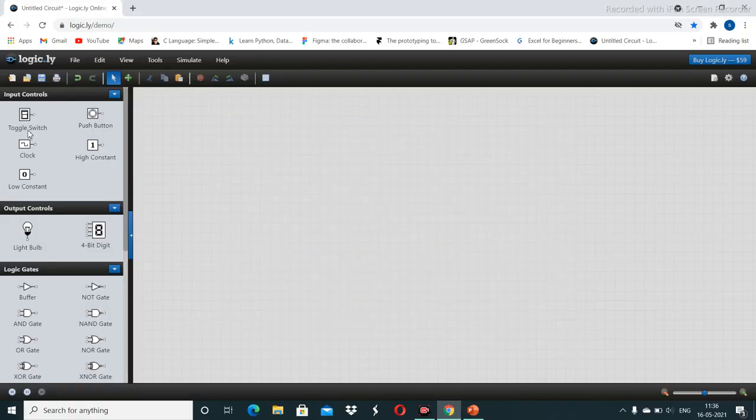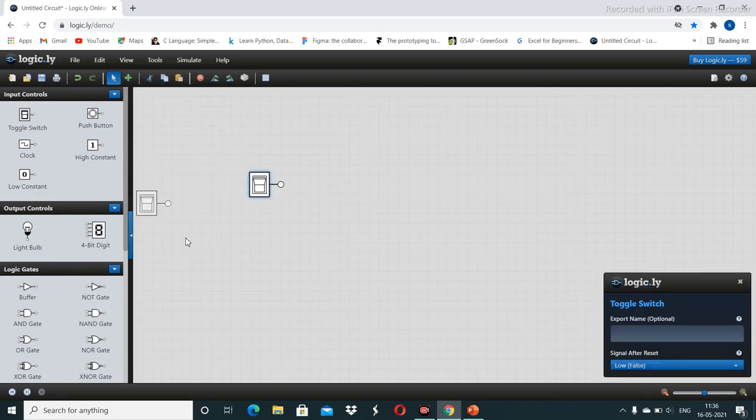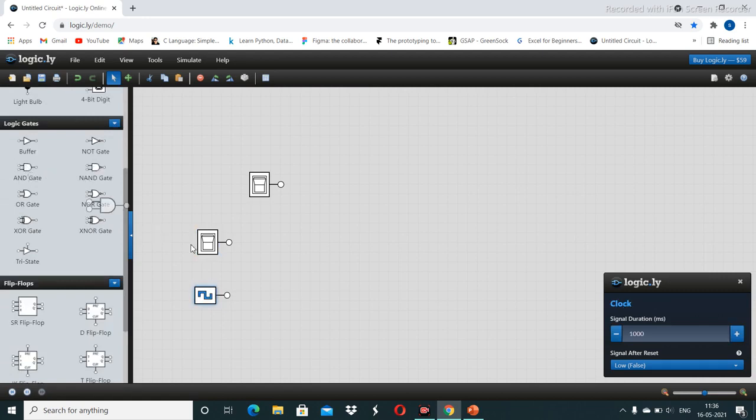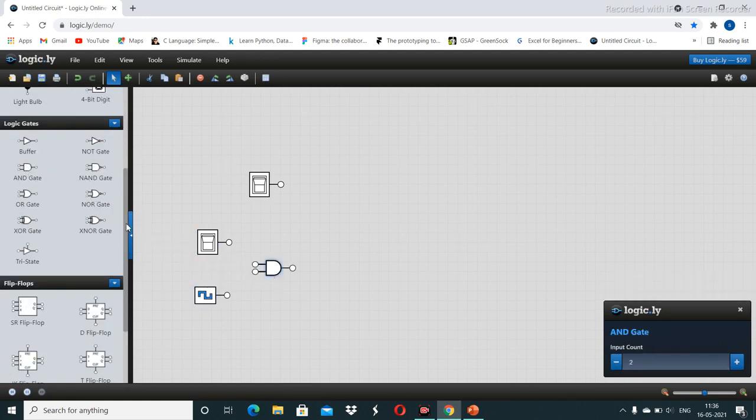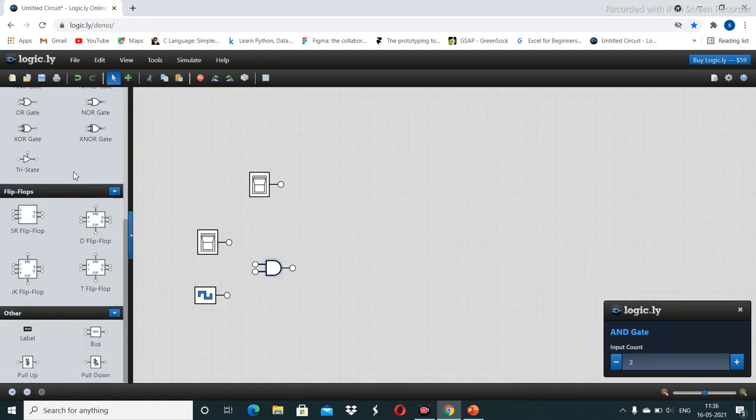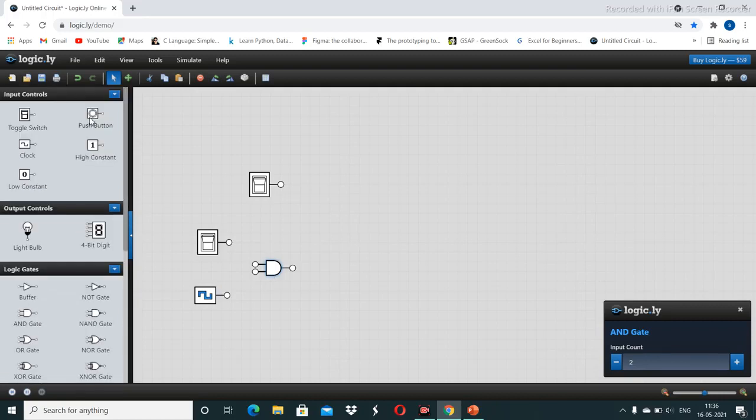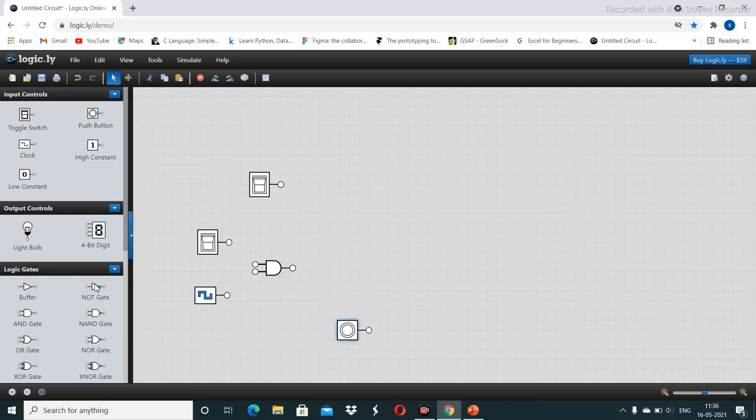For this, we need two toggle switches here, and we need a clock pulse, and we need an AND gate here, and also we need a push button connected with a NOT gate.